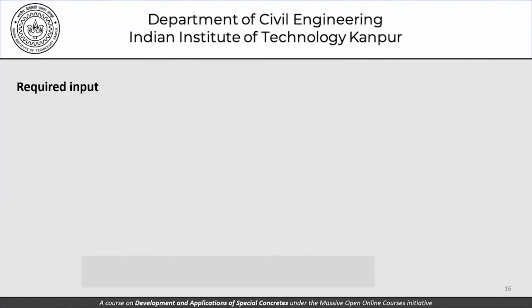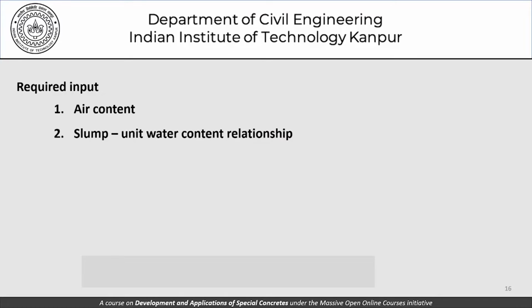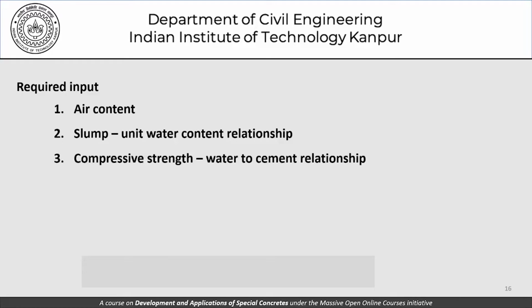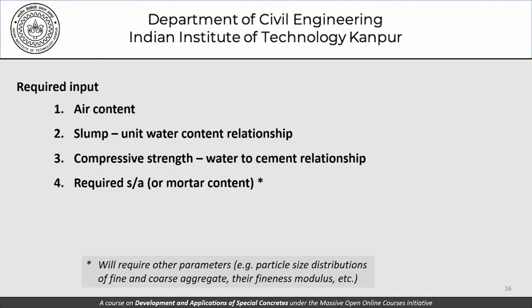Now the required input to be able to carry out the proportioning of concrete mixes is air content. That's the first thing that we need. The slump, unit water content relationship, the compressive strength versus water to cement ratio relationship, the required S by A or the mortar content. Now that's something which we'll talk about.